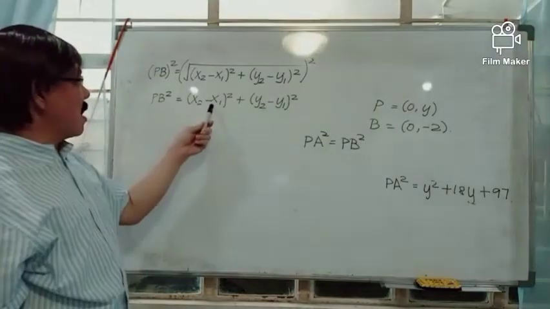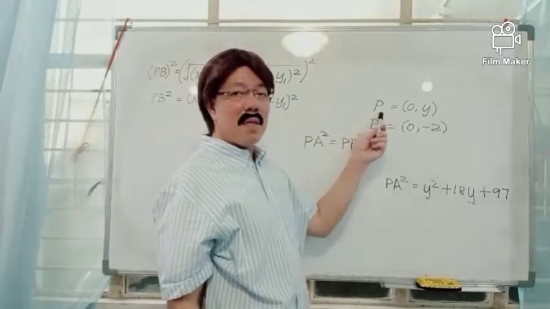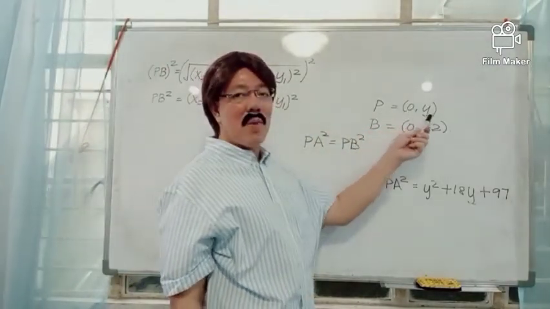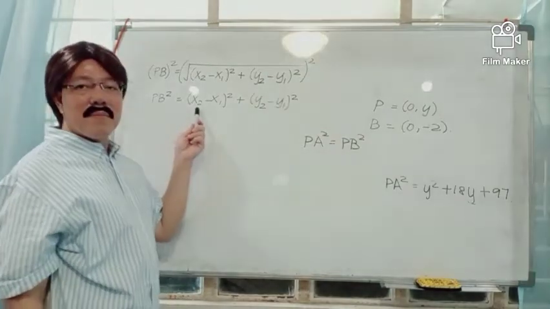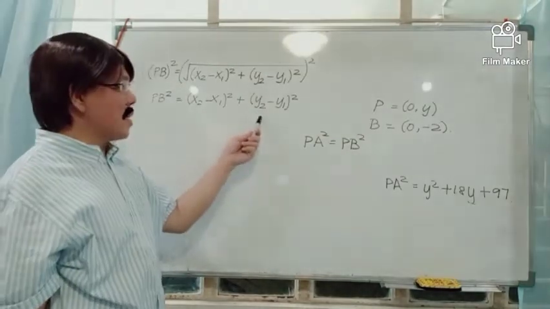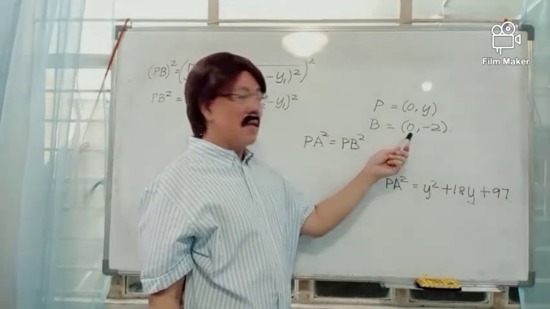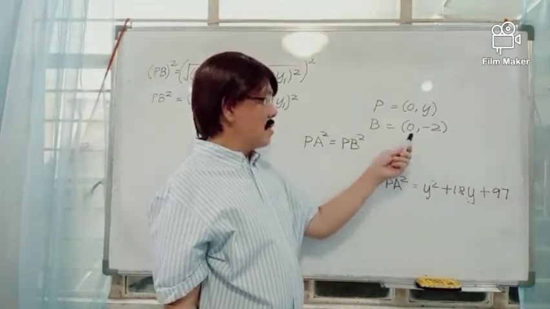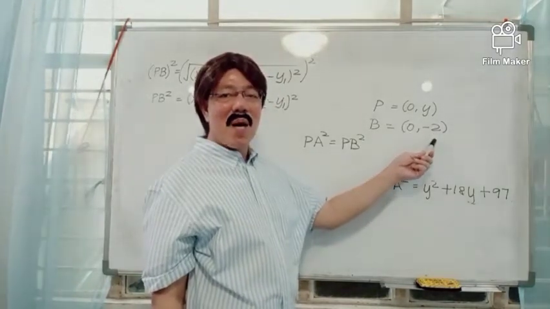Now we take x1 and y1 as the coordinates of P. Is your x1, y1. And we take the coordinates x2 and y2 as the coordinates of the point B. 0 is your x2, negative 2 is your y2.